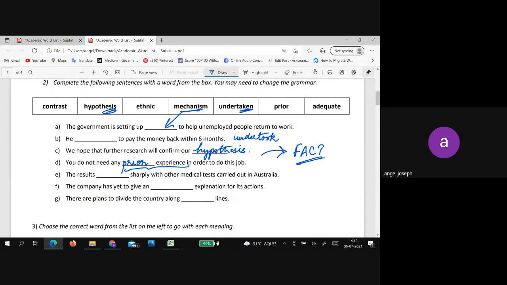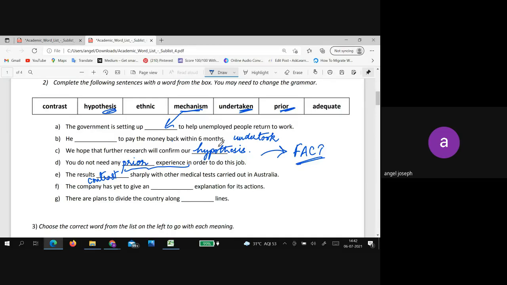So let's look at the next one. The results dash sharply. Contradict? Contrast. Contrast sharply. Let's say what we found is something different, or medical tests here.